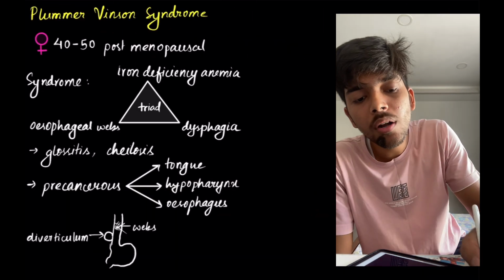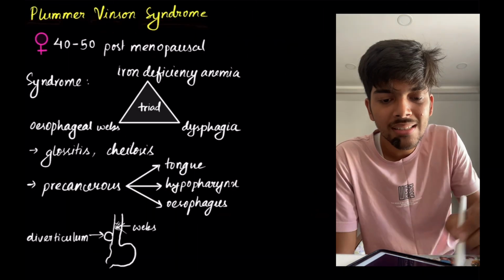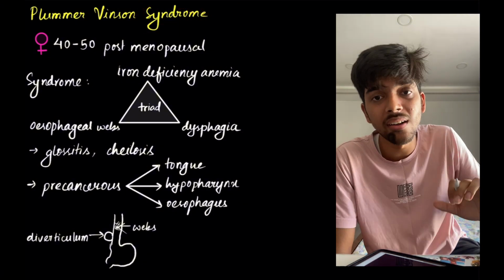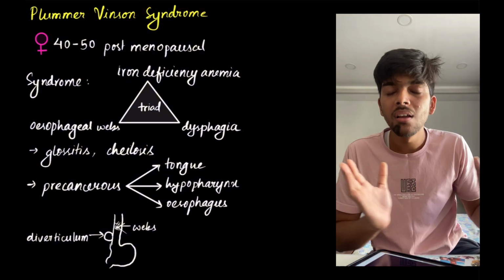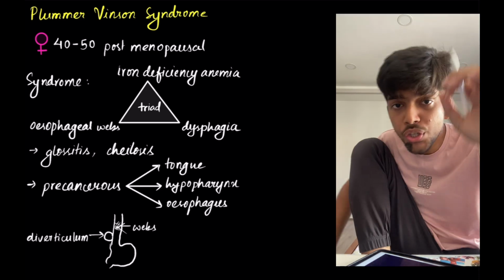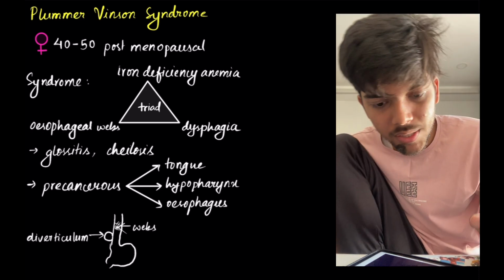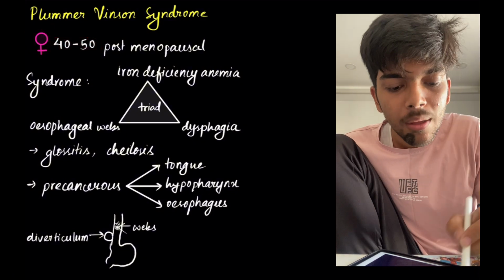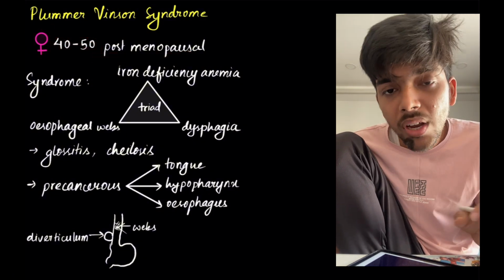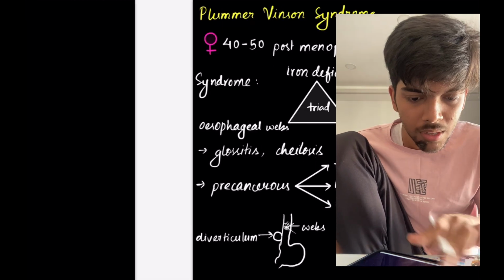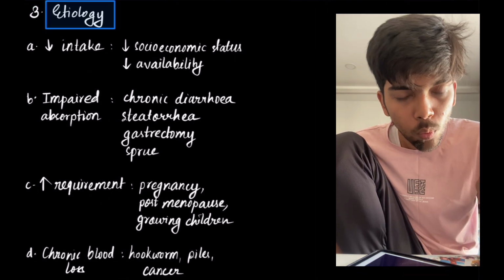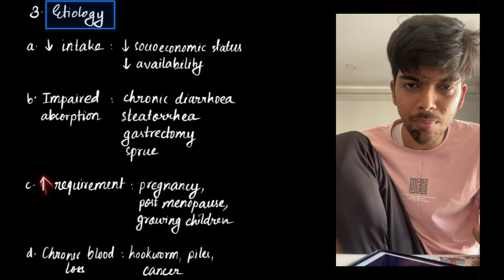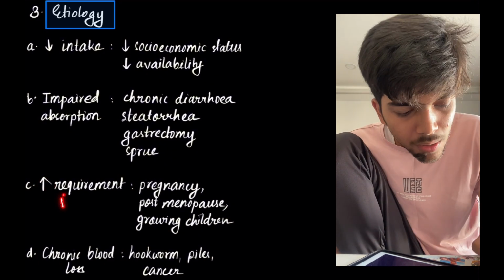There's a syndrome called Plummer-Vinson syndrome. It is a collection of clinical features due to deficiency of iron. So there's a woman of age 40 to 45, post-menopause, suffering from iron deficiency. I said earlier that one of the causes of iron deficiency anemia is increased requirement. There is more requirement of iron by the body.